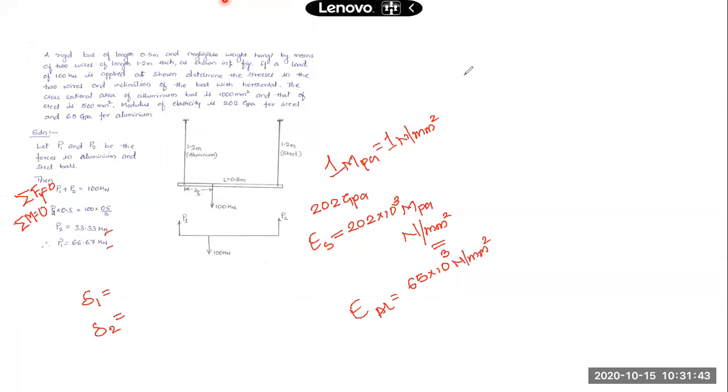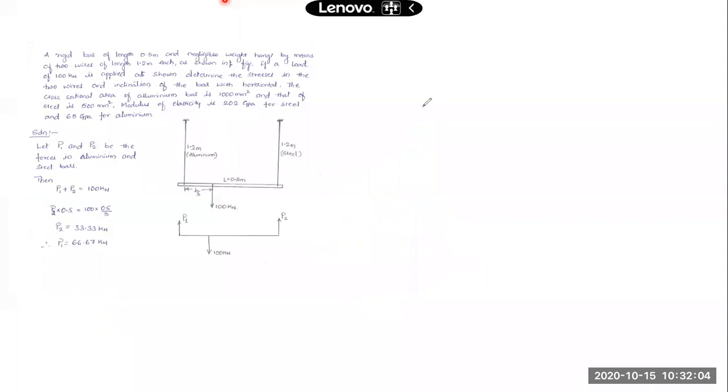So you can substitute these values for obtaining delta 1 and delta 2. Delta 1 is 1.23 millimeter. Delta 2 is 0.396.